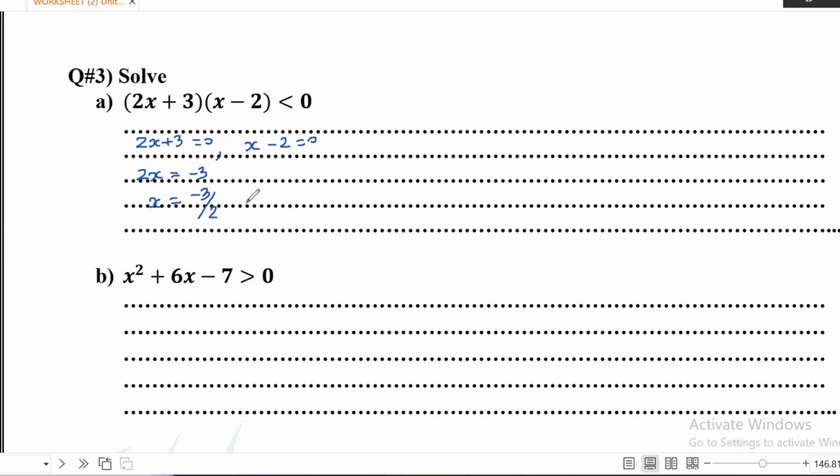And here x is equal to 2. You can write this further as minus 1.5, and here x is equal to 2. Now we have 2 points, and remember that if we multiply 2x with x, we will get 2x squared. It means our a value is greater than 0.